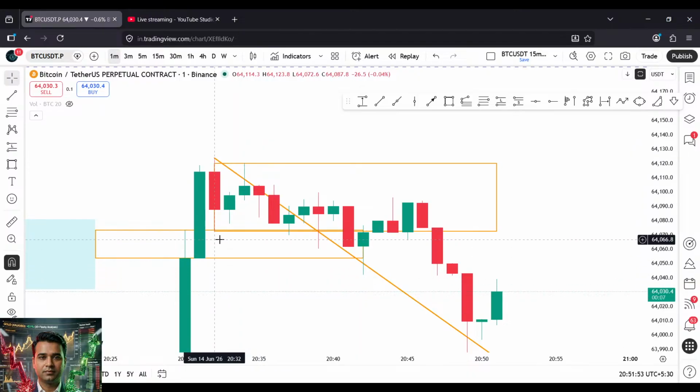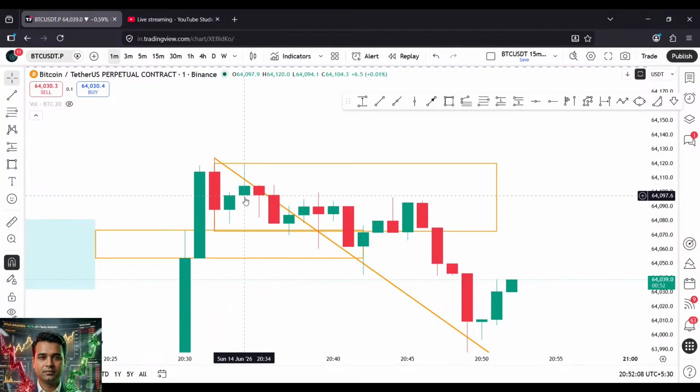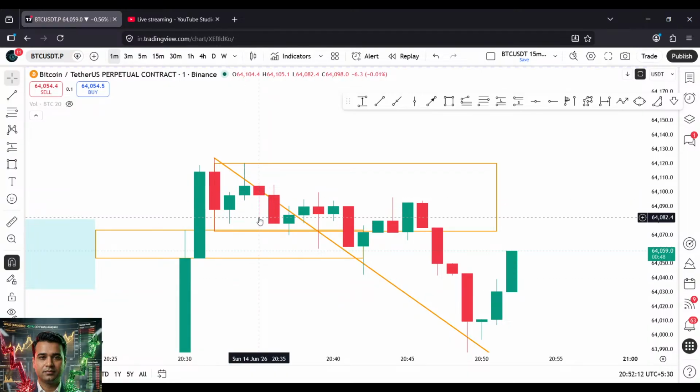Inside this, what happened? Price goes up, pulls down here, goes up, then comes down and goes up. So from this area, swap is here. From this area, like this, price has gone here like this. So what will be the entry point here?